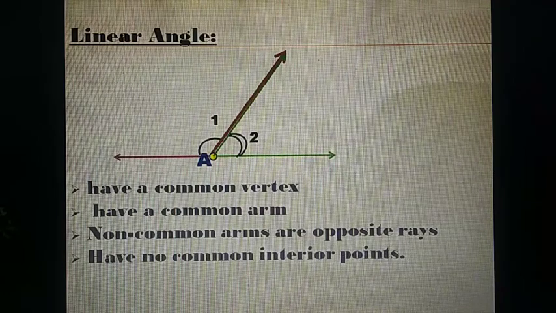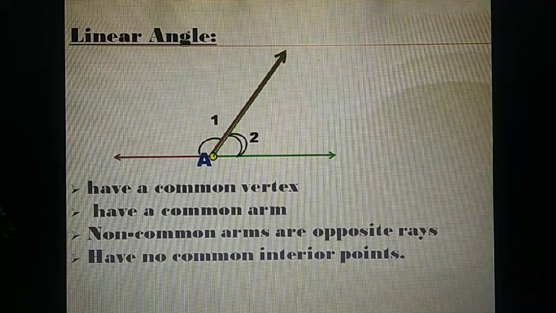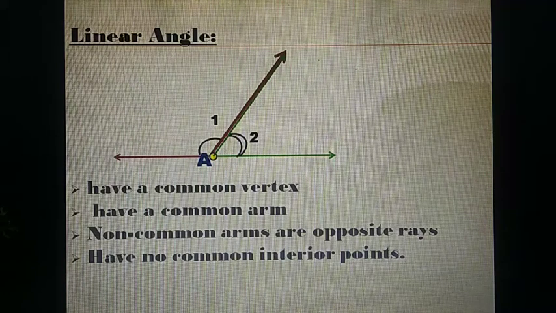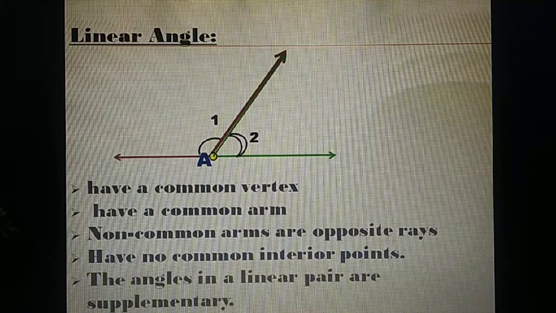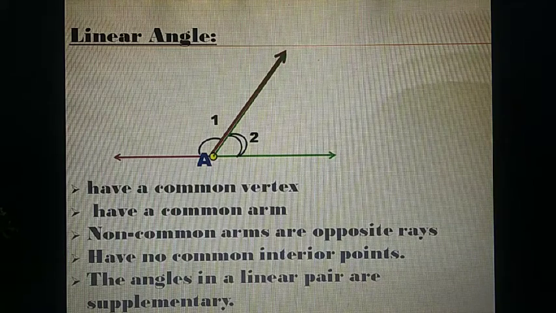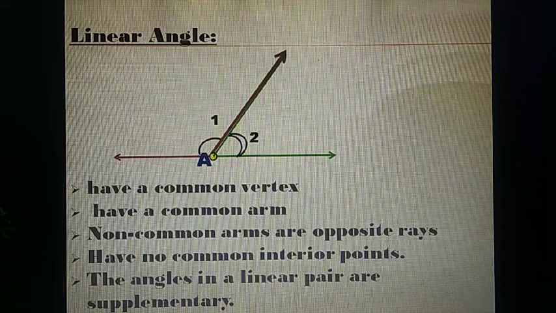They don't have any common interior points, and as the non-common arms are opposite rays, forming a straight line, we can finally say that the angles in a linear pair are supplementary. Everything is the same as we have in the adjacent angle.